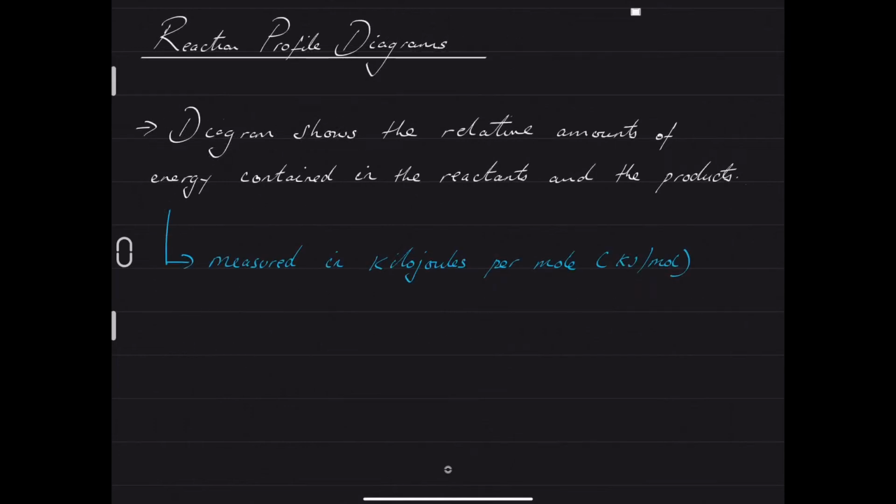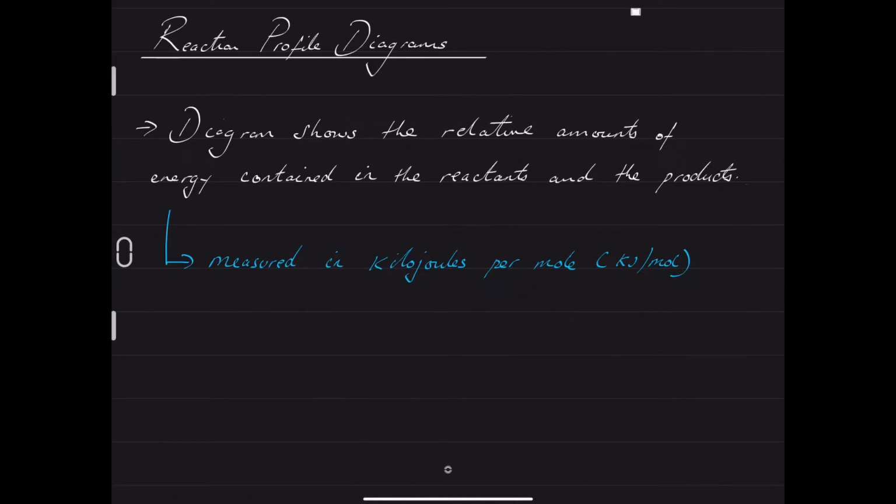So when we're looking at exothermic and endothermic reactions, we can graphically show what is going on. Now, before we start looking at these diagrams, there are a few opening points I want you to take note of first. First of all, these diagrams show the relative amounts of energy contained in the reactants and the products.